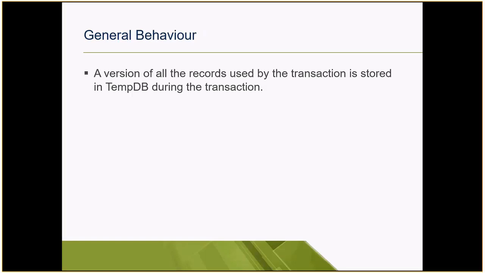The TempDB will be a lot more used. We need to take care about this. And what this means, a version of all the records is stored on TempDB, how does this happen?